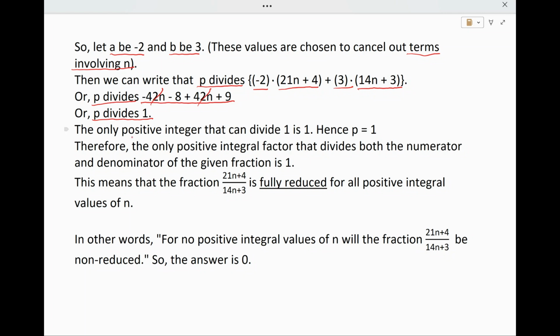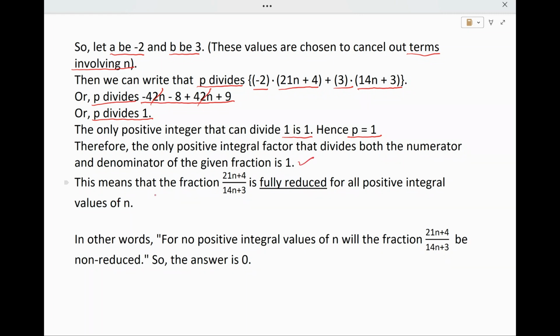The only positive integer that can divide 1 is 1. Hence, p is equal to 1. Therefore, the only positive integral factor that divides both the numerator and the denominator of the given fraction is 1.